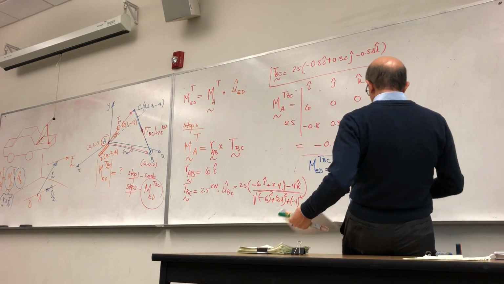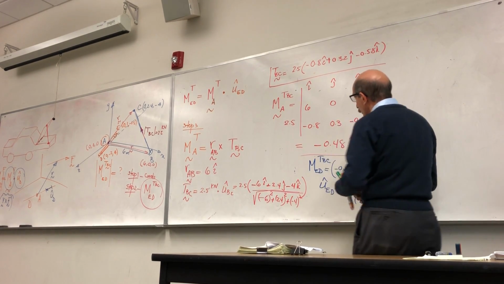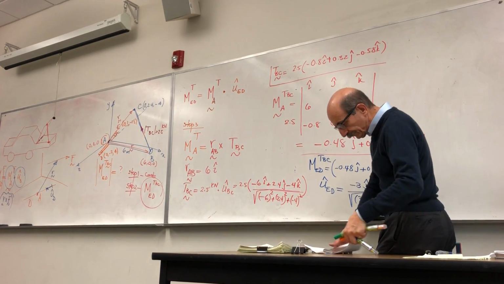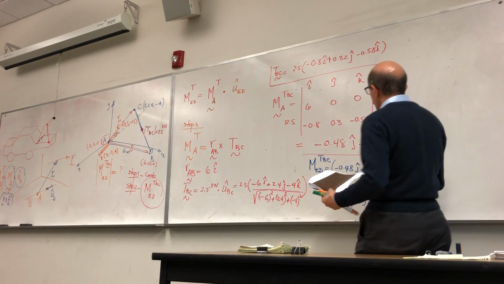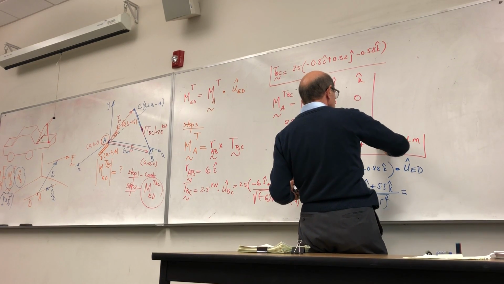If you simplify that, I have the result here, a unit vector would be negative... I don't want to even write that down. Oh, actually, I wrote this one wrong. That one was not that, so I have to correct that. This is not that.